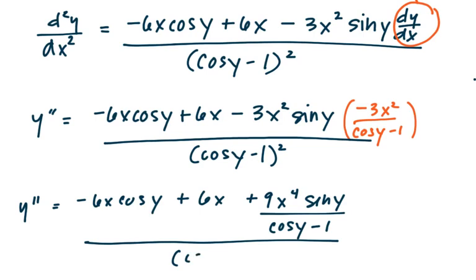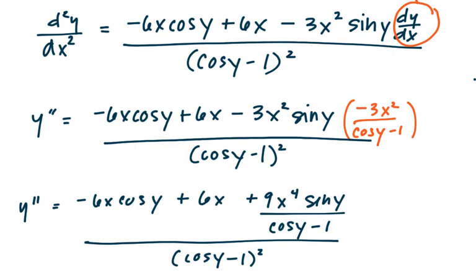So cosine y minus 1 squared is in the denominator. And what you want to pay attention to is that dy/dx was only multiplied by the 3x squared sine y. So it's only attached to that term. But we have this ugly little fraction inside of our fraction, and we need that to go away.